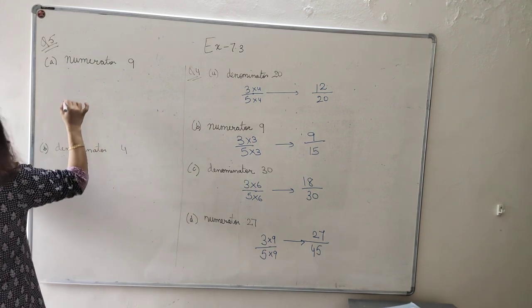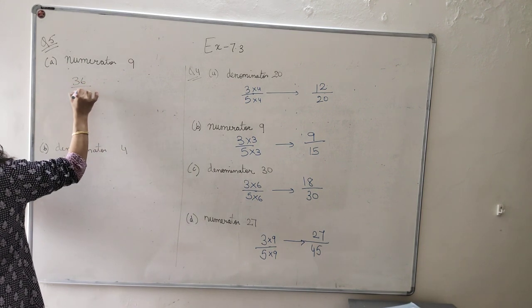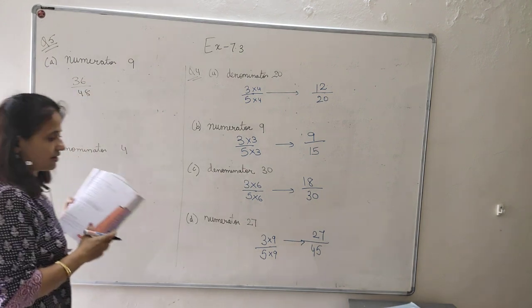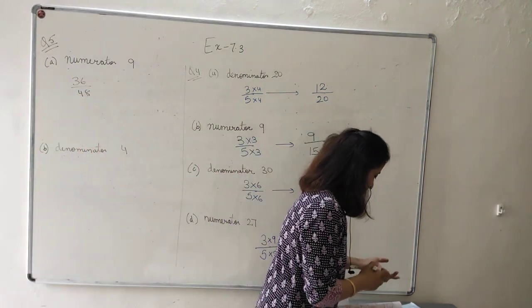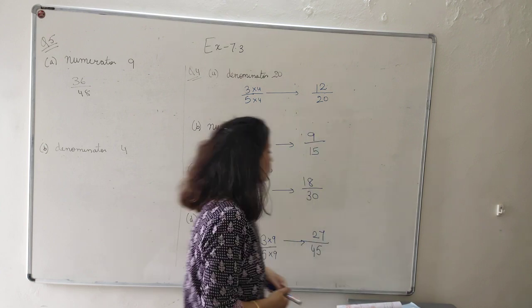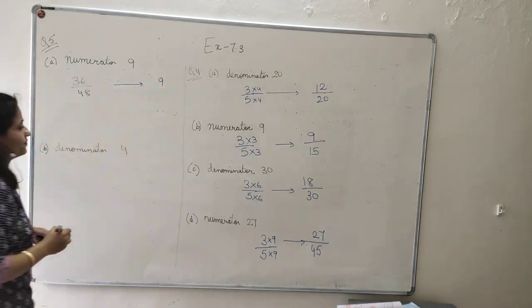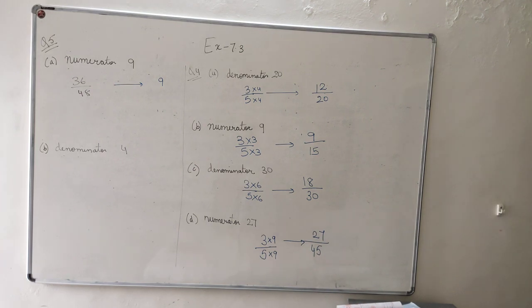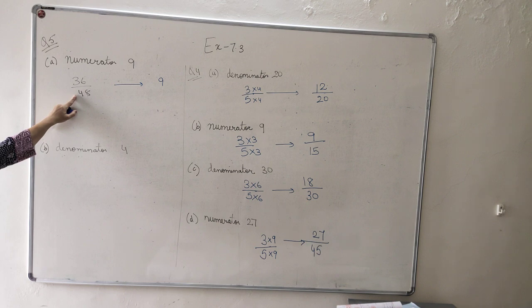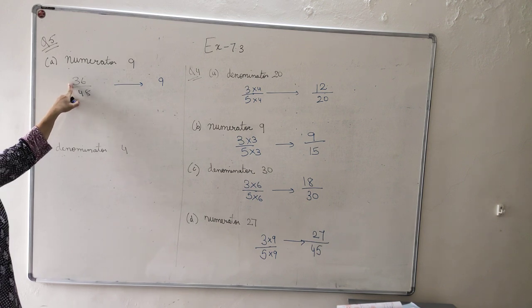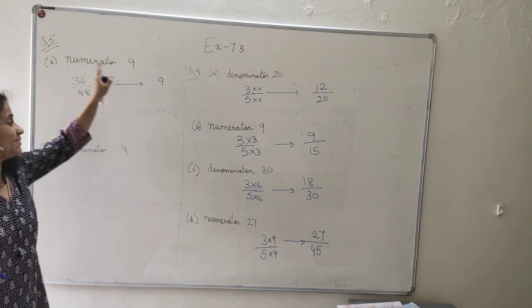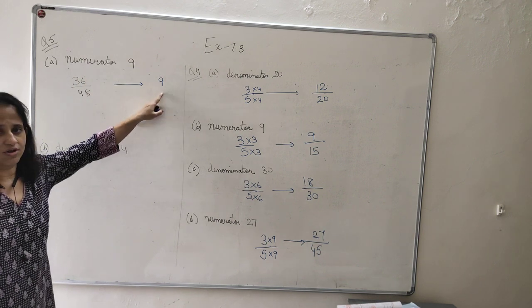I have the fraction with me, 36 upon 48. Now, what should I do to 36 to make the numerator 9? Children, be very careful. 36 upon 48 is the fraction given to me. I want to convert the numerator into 9. That means I am going from big to small.